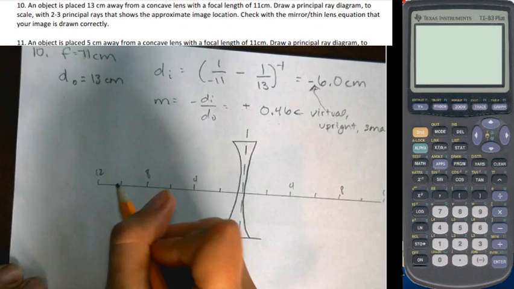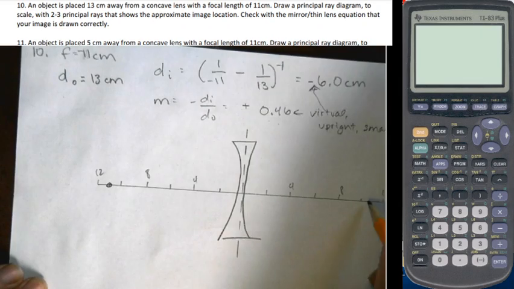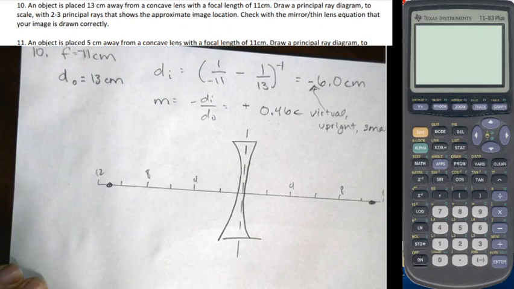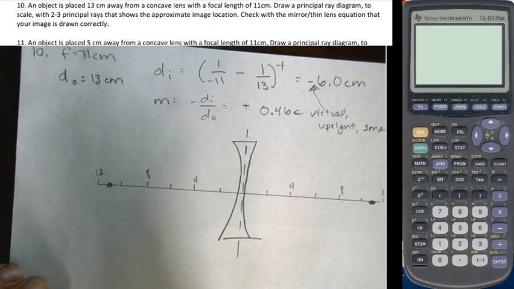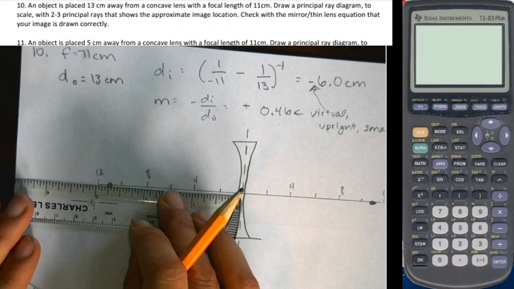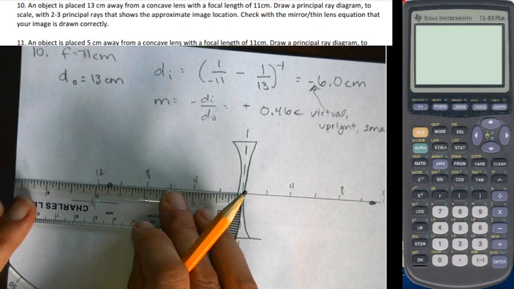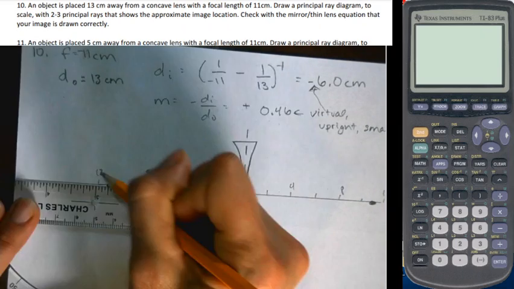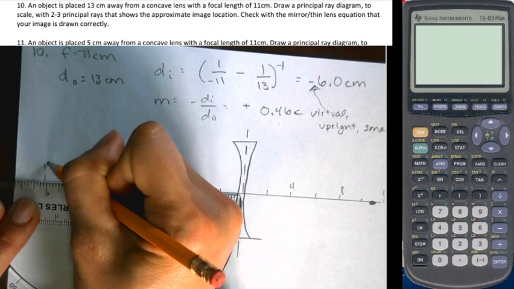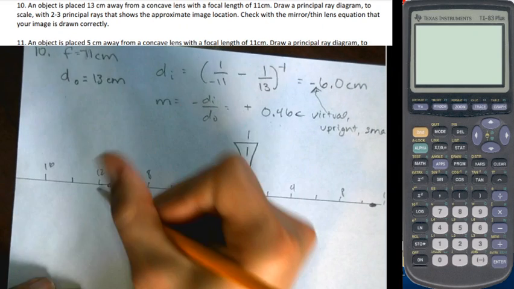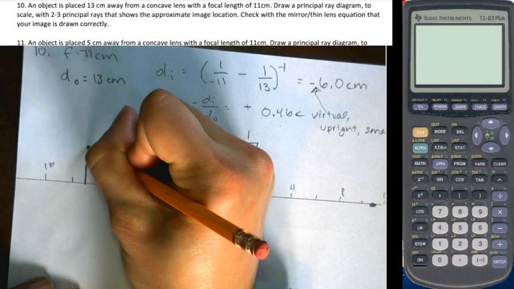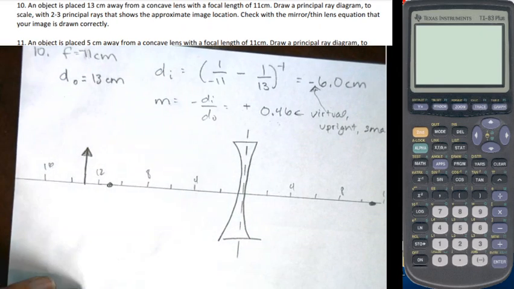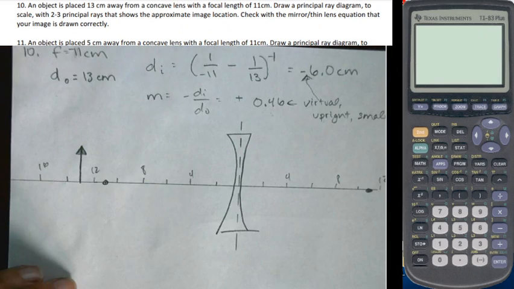And the focal lengths are at 11. I'll go ahead and draw my object. Oh, it has to go all the way out to 13 centimeters, so I need one more marking here. And I'm going to draw it somewhat tall because my image will only be half as big.